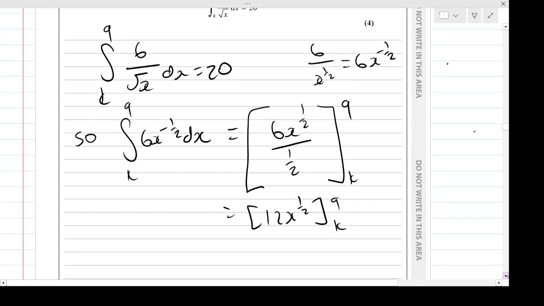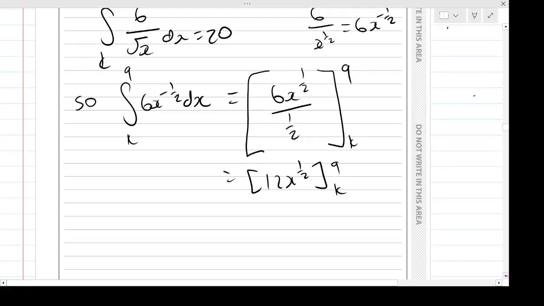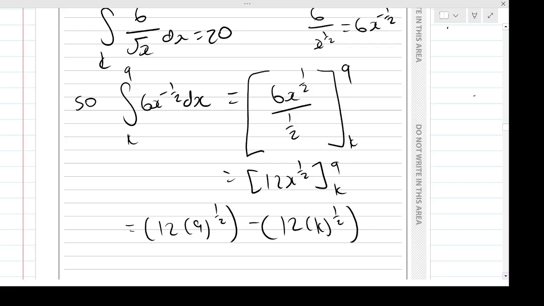So it's a lot nicer. And so then I just sub in 9, then sub in k. So that's going to be 12x, which is 9 to a half. Then take away 12 lots of k to a half. Well, 12 lots of 9 to a half is 36. Take away 12, k to a half. I can't do anything more here.